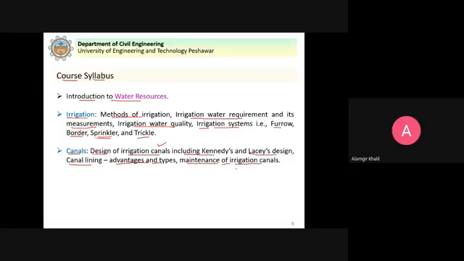And you might have frequently heard in the news, especially in Punjab, the cleaning of irrigation canals, which is done every year to remove any waste materials that are deposited because they adversely affect the water carrying capacity. So we will study about maintenance of irrigation canals.